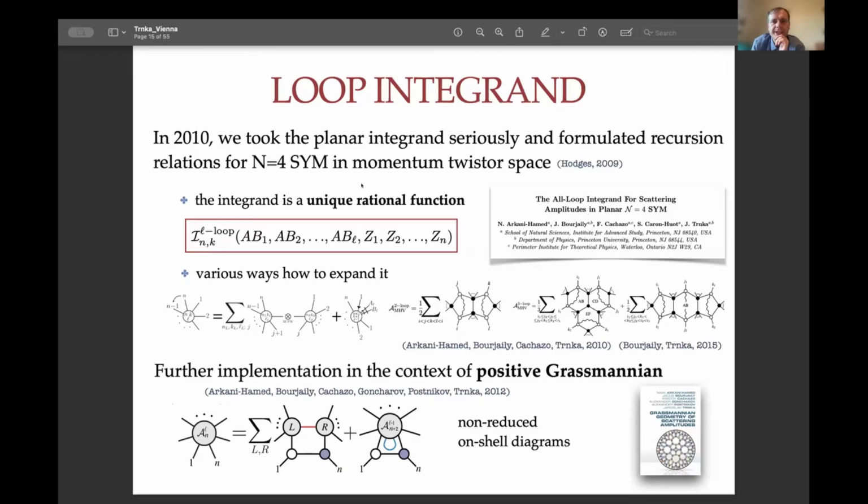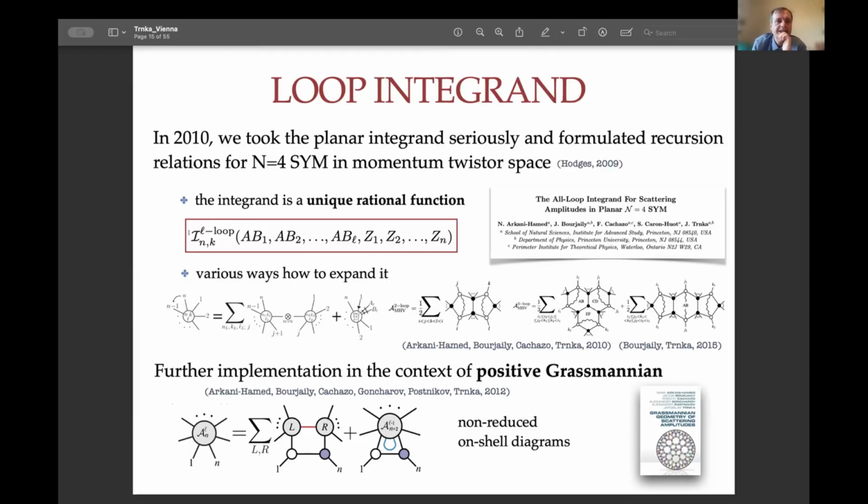In the context of planar N=4, this makes even bigger sense because it enjoys the dual conformal symmetry. There is a connection to the positive Grassmannian. This function can be not only written using some integrals, but also recursed using recursion relations.